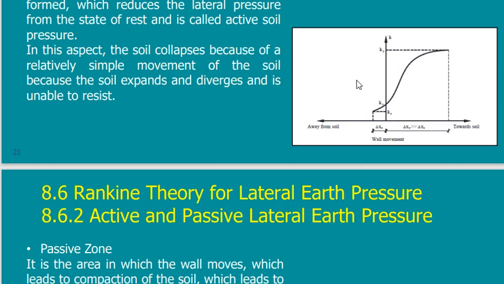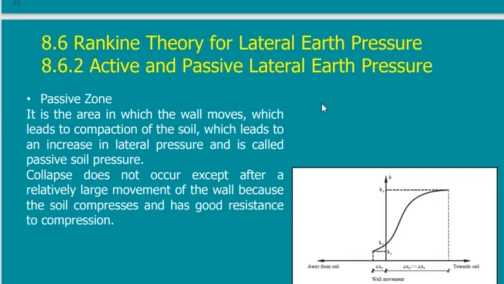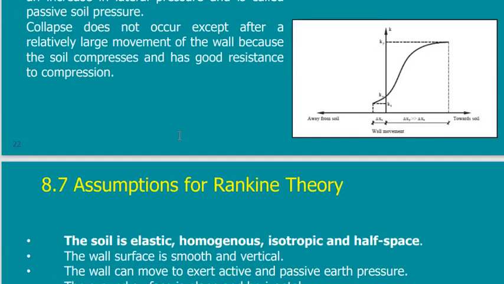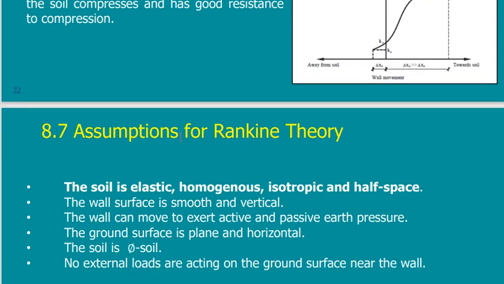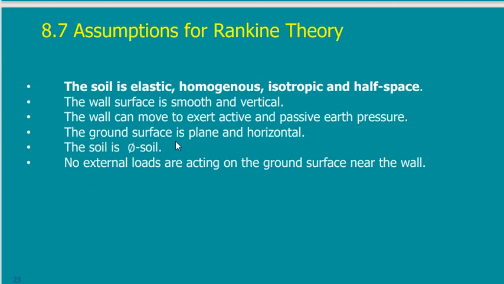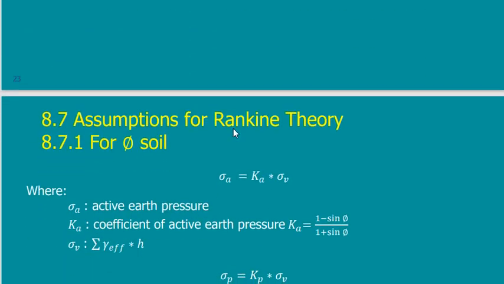This is just to remember. This figure is just to try to understand the value of K active and the value of K passive. This is just for discussion. But if we want to calculate it, then we will calculate it here and we will come to it again.